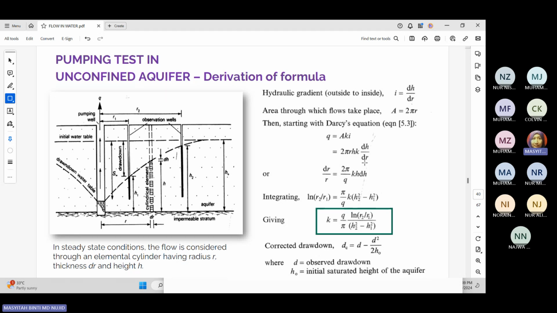Kemudian you masukkan balik dalam equations, you do the integration process, and you can have the coefficient of permeability for unconfined aquifer as K = Q ln(R2/R1) over pi times (H2² − H1²). So kalau ada effect drawdown, formula dia adalah D − D²/2H0. So H0 ni kena tahu, iaitu tinggi daripada impermeable stratum sehingga static water level.